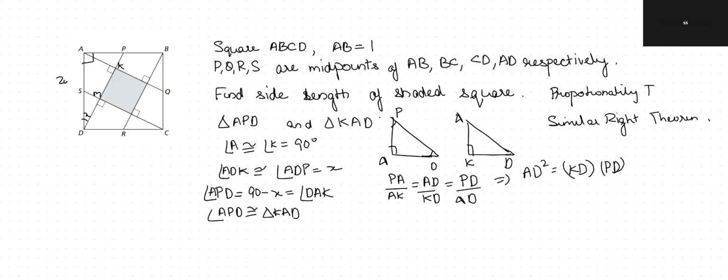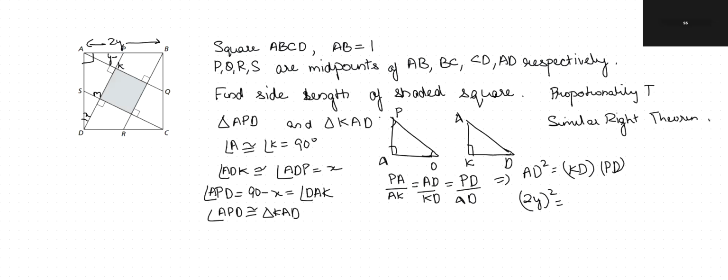Okay. Let AB be 2Y. So AD is also 2Y. So it becomes 4Y square. Then KD and PD we don't know. So to find PD, we can use the Pythagorean theorem. AP is Y because it's the midpoint.